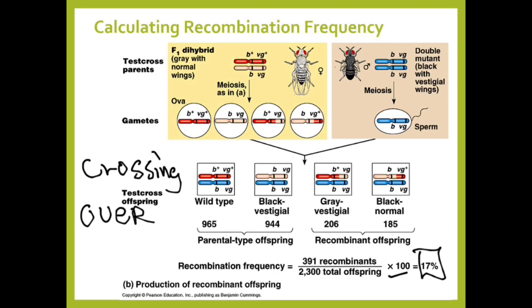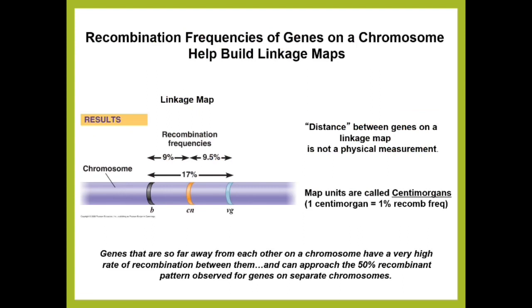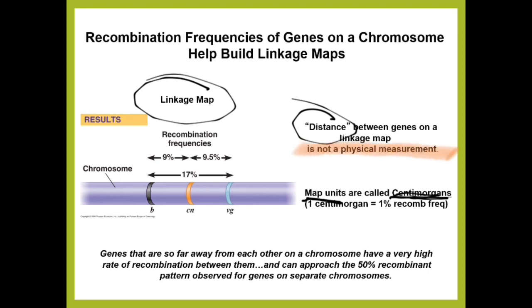Okay. So once we calculate the recombination frequency between two traits, we can map those out and create something called a linkage map right here. Basically we can use the recombination frequency to determine the distance between genes on a linkage map. We measure those in map units, also known as centimorgans. Now it's important to note that this is not a physical measurement.